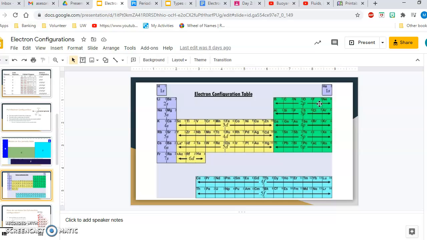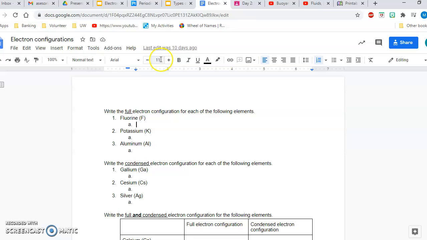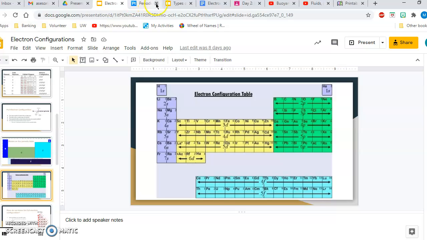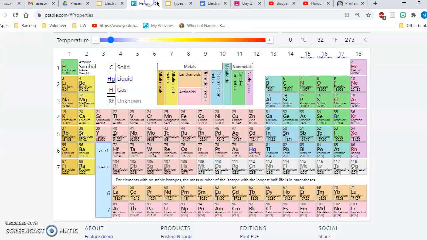We write them in the same order as if we were reading a book, right? So our first thing that we read is our 1s2, and then the next one we had was 2s2, and the last one we read was 2p5. So 1s2, 2s2, 2p5.